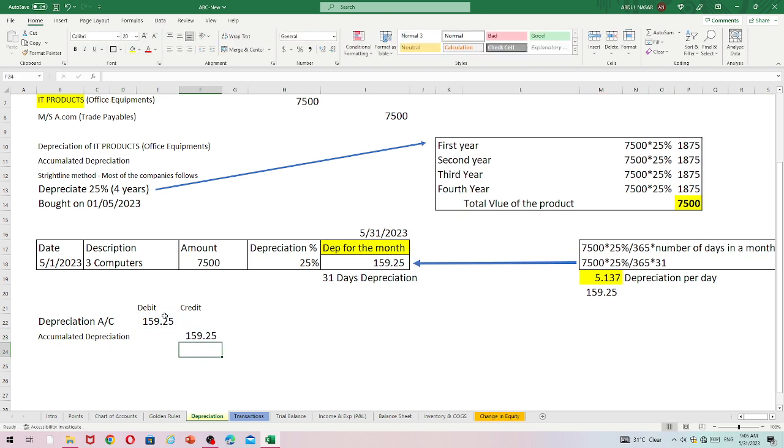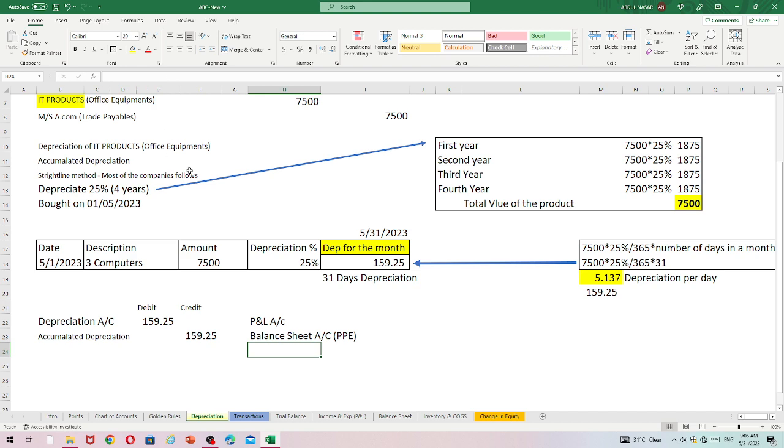So why are we crediting this accumulated depreciation? This is a P&L account, just remember, and this is a balance sheet account, which will come under property, plant and equipment.